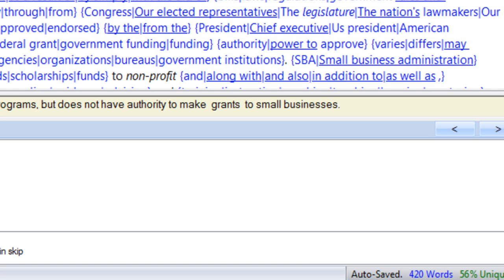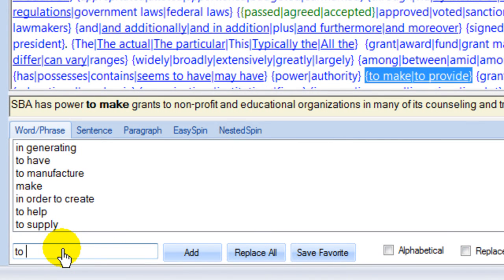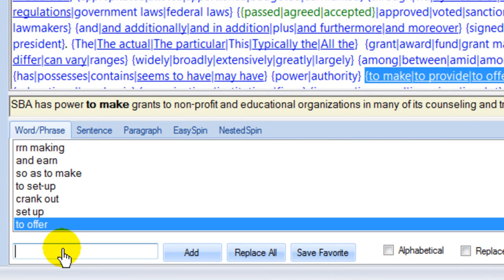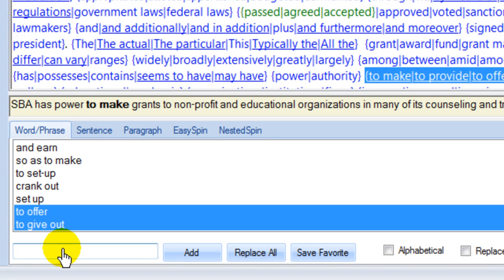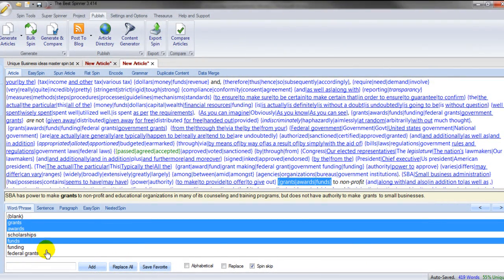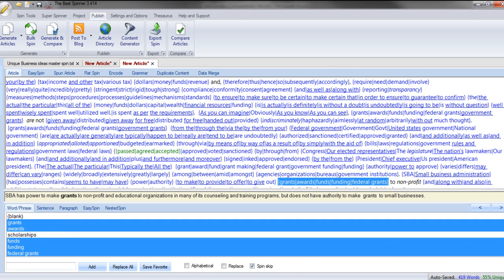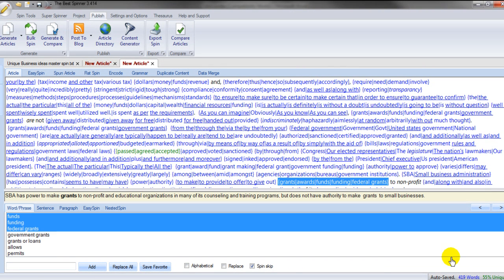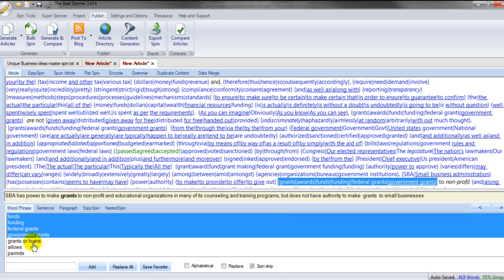Power to make, to provide, to offer, to give out. So these are words I'm making up. SBA has power to offer, to give out grants. Again, it's not scholarships, funding, federal grants, government grants. It's not loans. Loans you need to pay back, grants you don't.